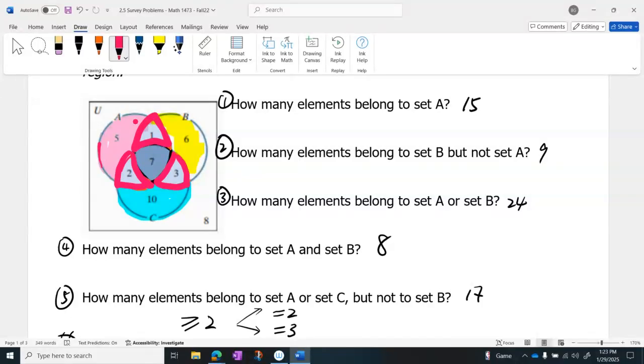And in the center, the 7 elements belong to all 3 sets, exactly 3.